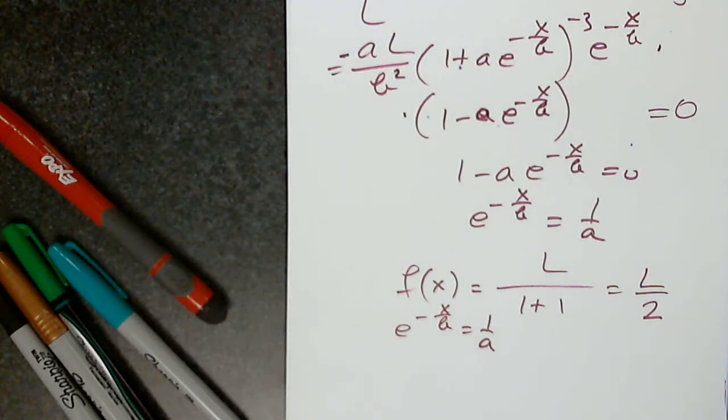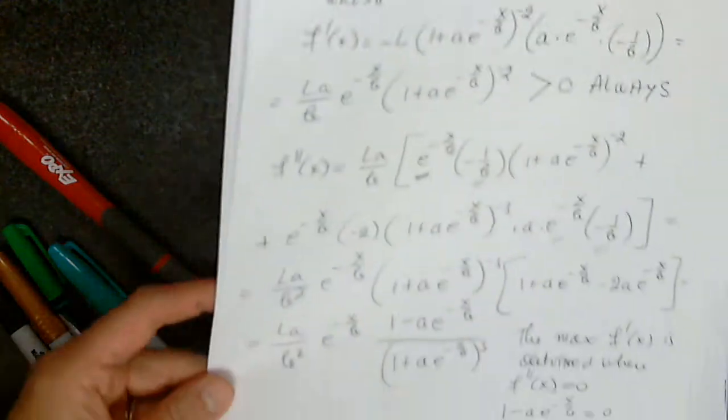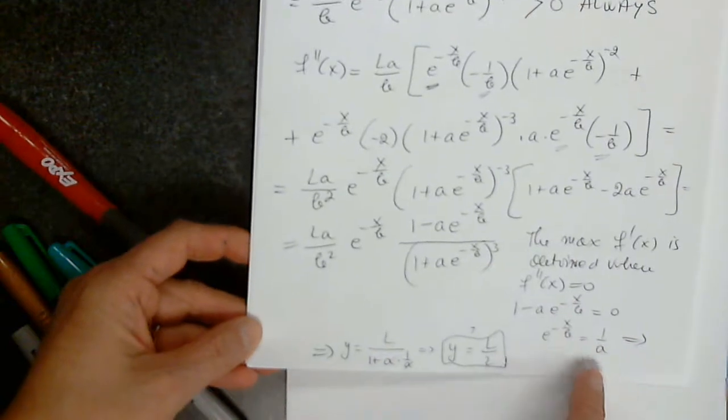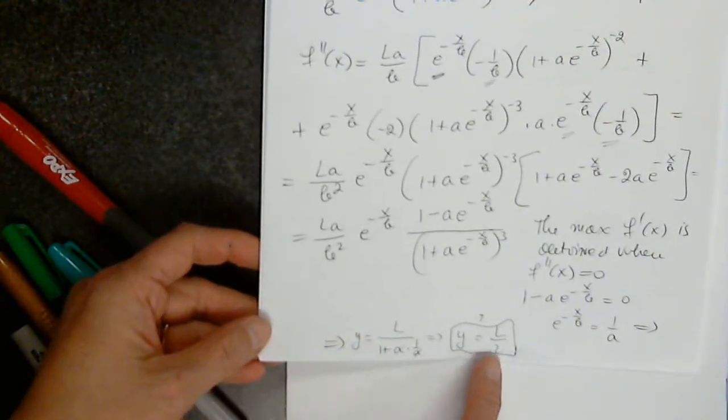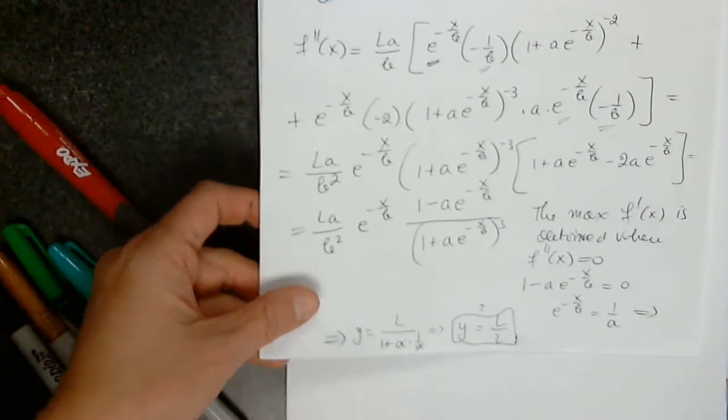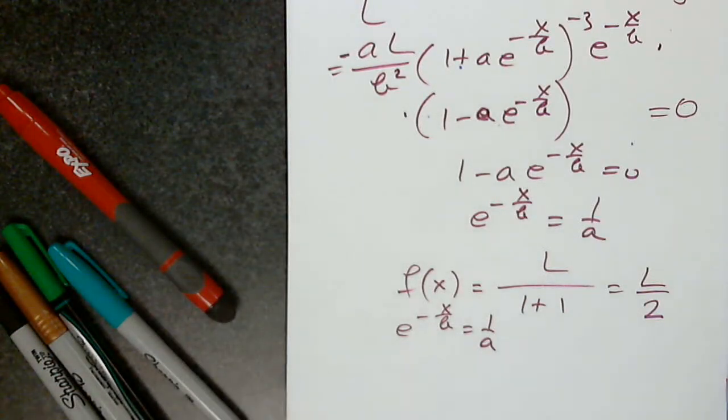A lot of writing. So I wrote here the max f prime is obtained when f double prime is 0, so it gives this, and if you plug it in, you get what the problem was asking us to do, to find that it's L over 2. Okay. Any questions?